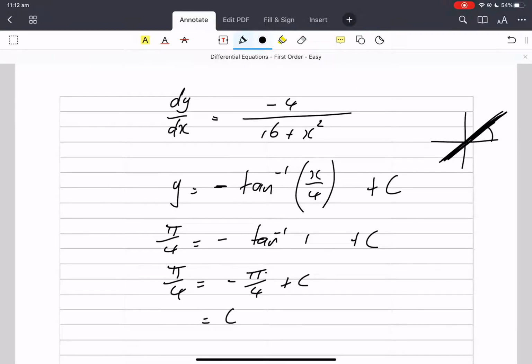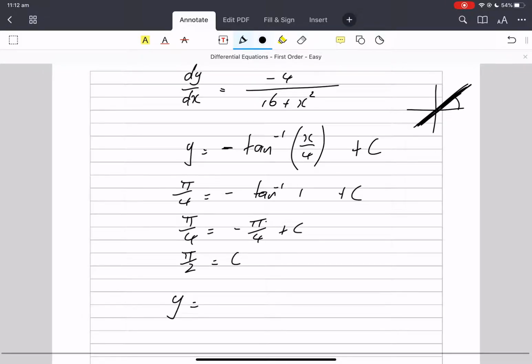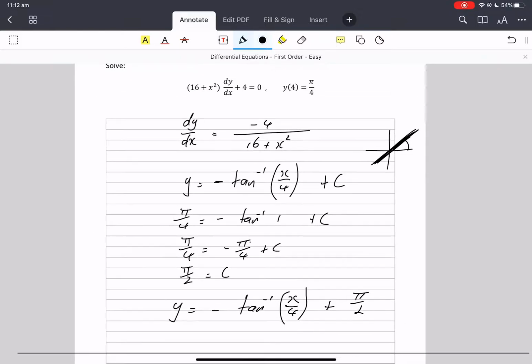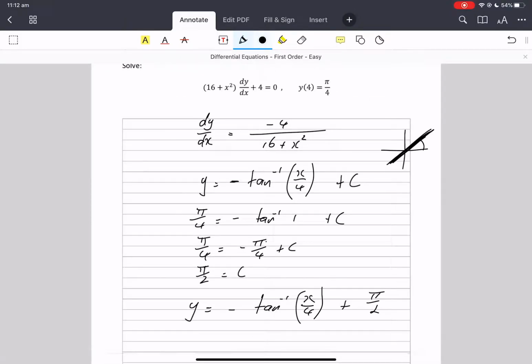So c equals pi on 2. So here we go, y equals the negative of arctan plus pi on 2. There you go, all on one page. Don't really need that sitting up there.